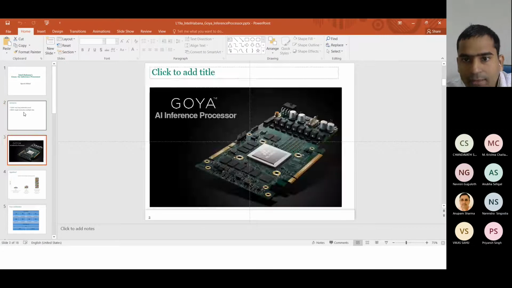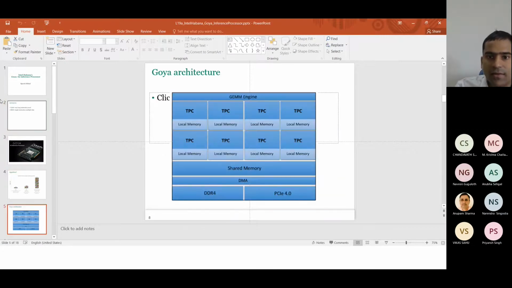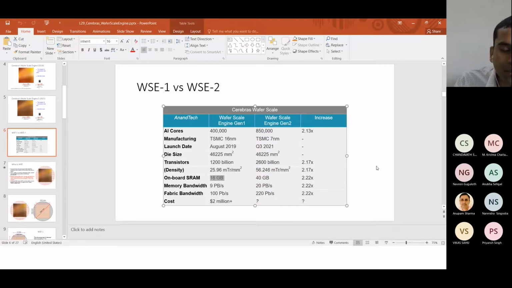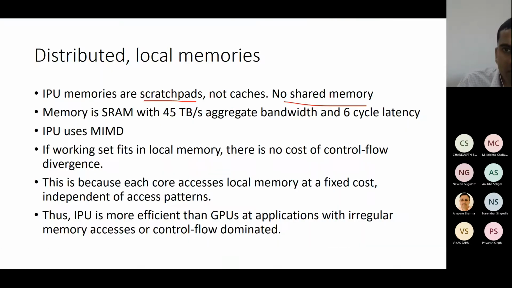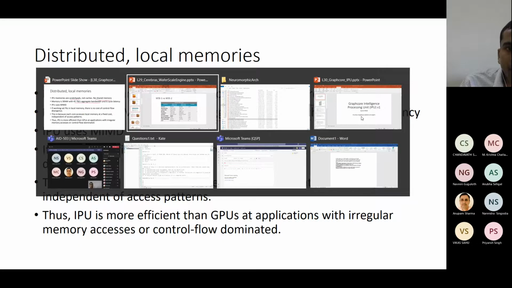Yeah, here we have this local memory. Every core has its own local memory, plus it also has a shared memory. Here we don't have that kind of shared memory. Memory is SRAM with 45 terabyte per second aggregate bandwidth, and it has 6 cycle latency.